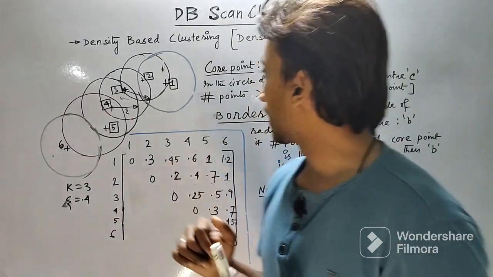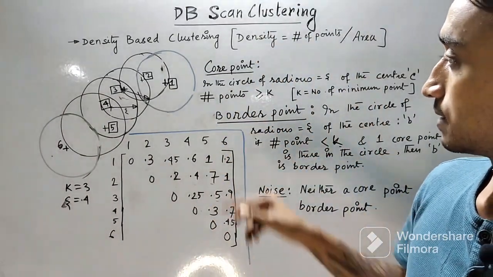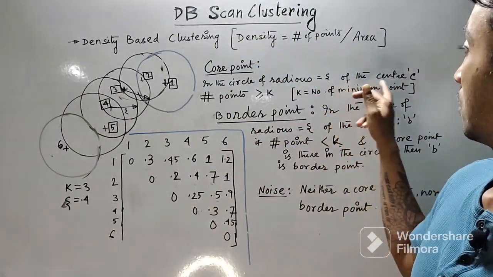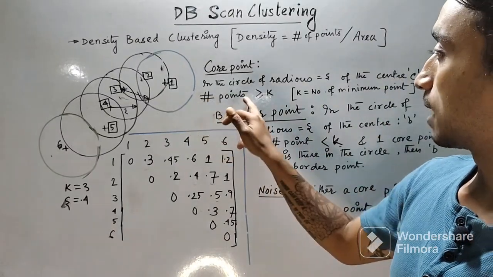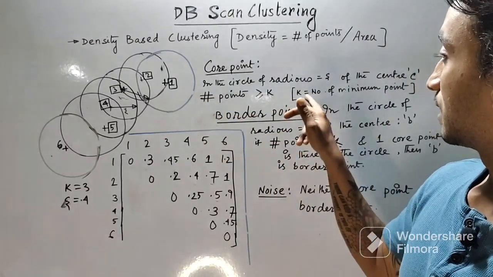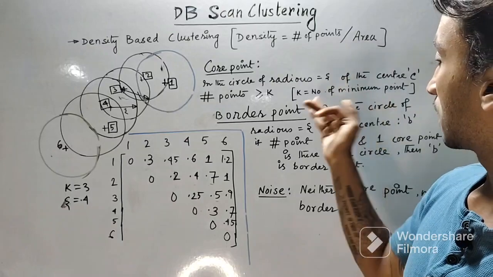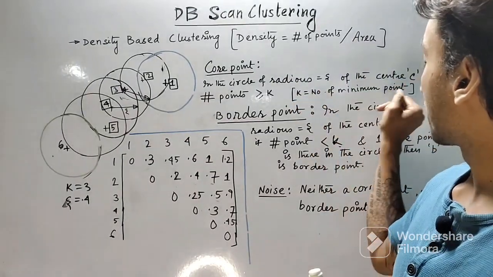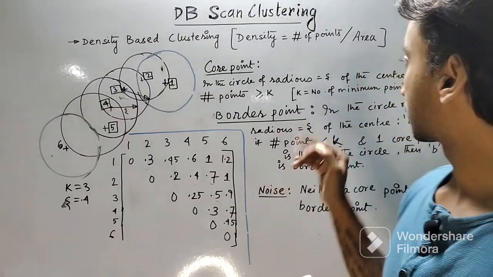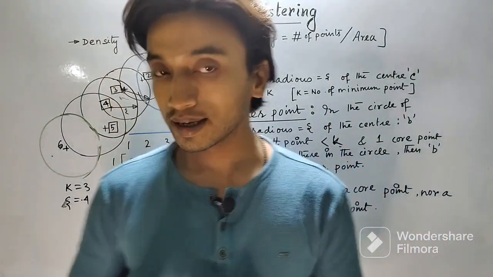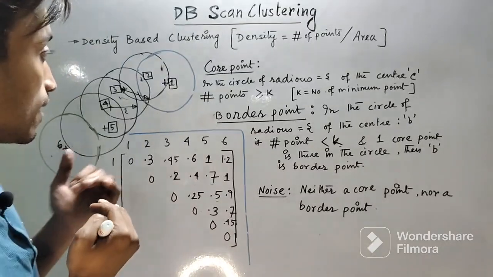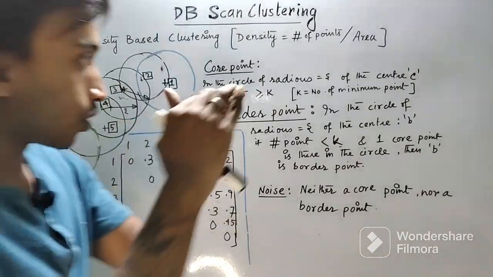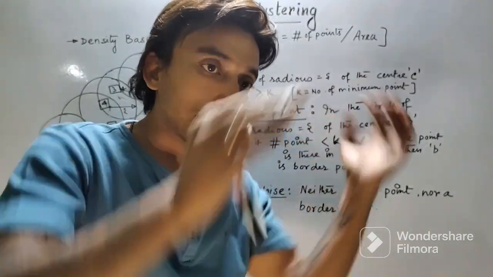So what is a core point? A core point is when, in a circle of radius epsilon with center C, the number of points is greater than or equal to k. What are k and epsilon? k equals the minimum number of points, and epsilon is the radius. In a particular circle, how many points are there?